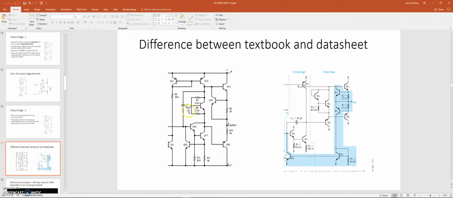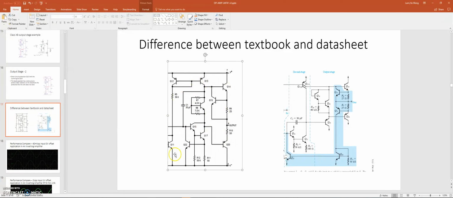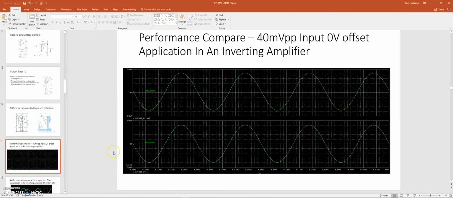Because we're trying to compare the characteristic against the actual one, for this project, I'm going to use the actual schematic, not the book one. So here I want to compare the final output between the actual LM741 and my reconstructed one.